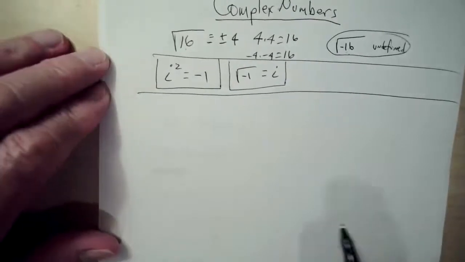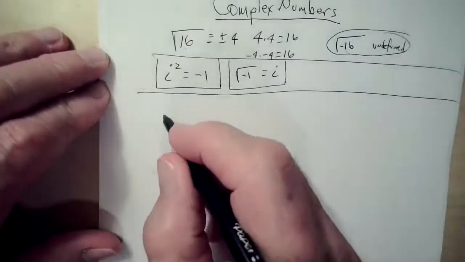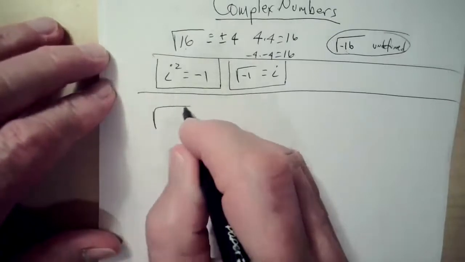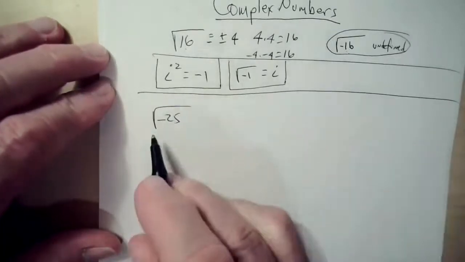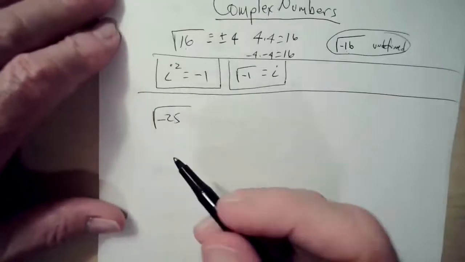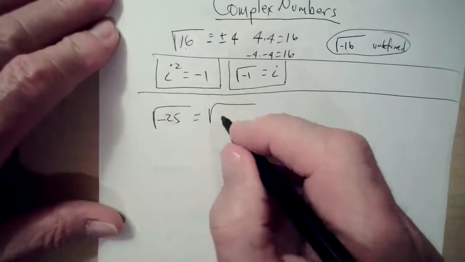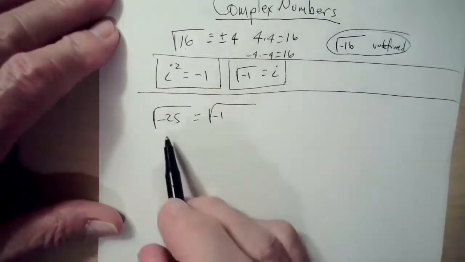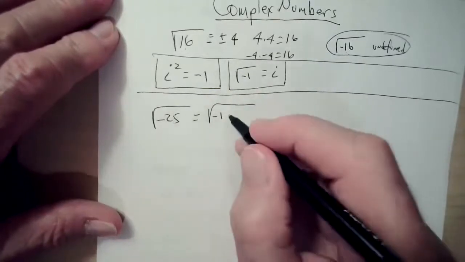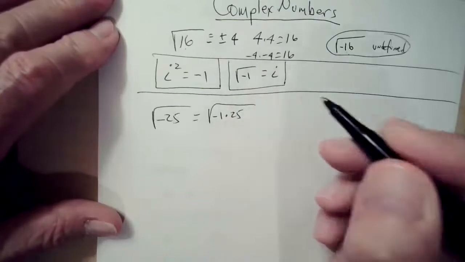I don't know. But anyway, if we have the square root of negative 25, up until now we would say undefined. But we can factor this into the square root of negative 1, which we know is i, times 25.